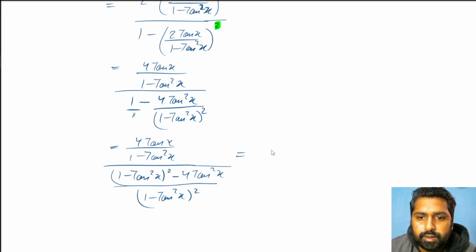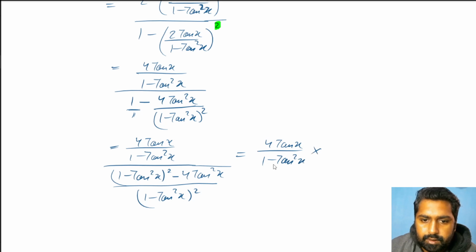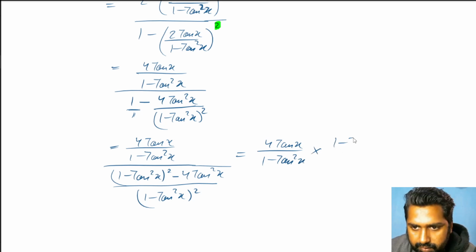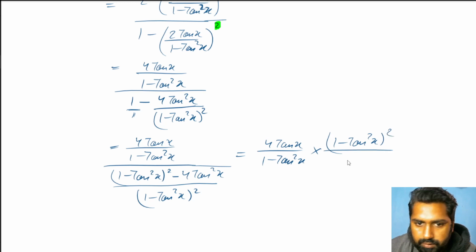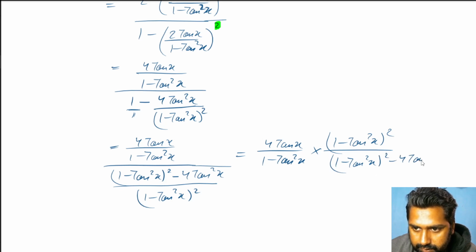Now let's reciprocal it. 4 tan x 1 minus tan square x, and this will become reciprocal, so 1 minus tan square x whole square, 1 minus tan square x whole square minus 4 tan square x.